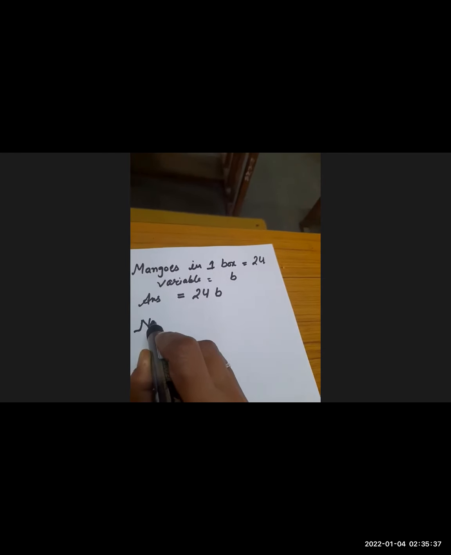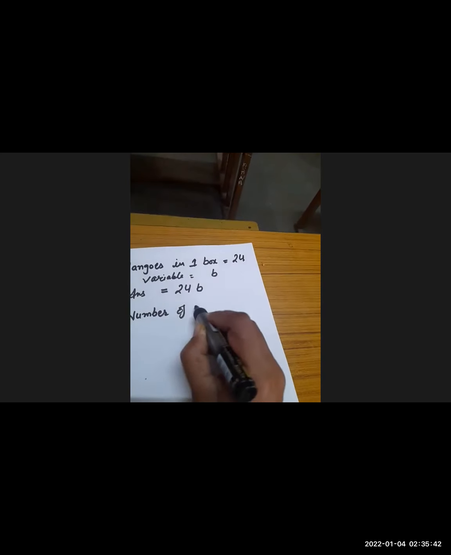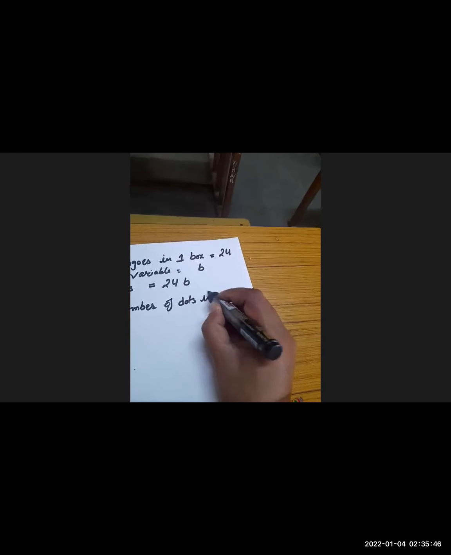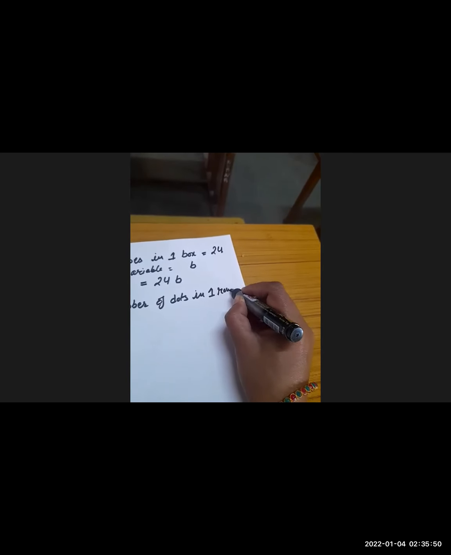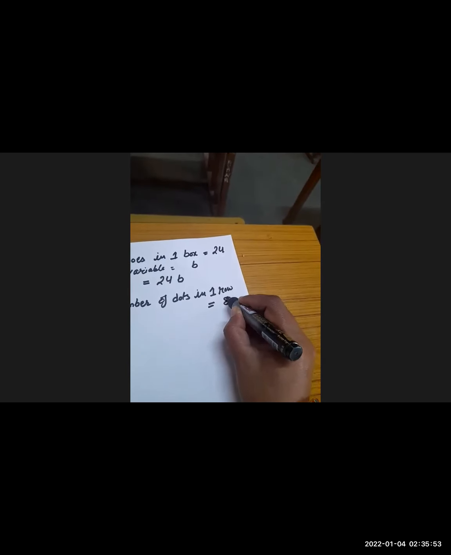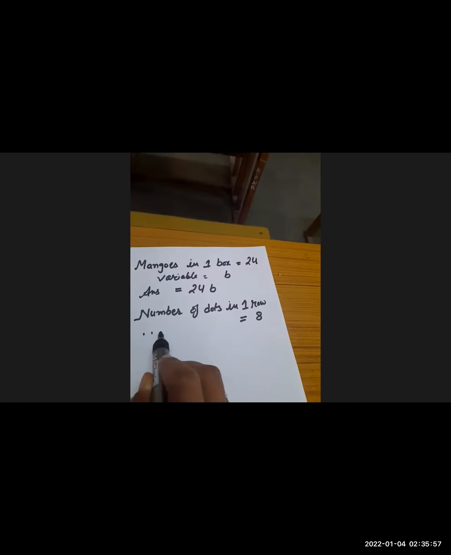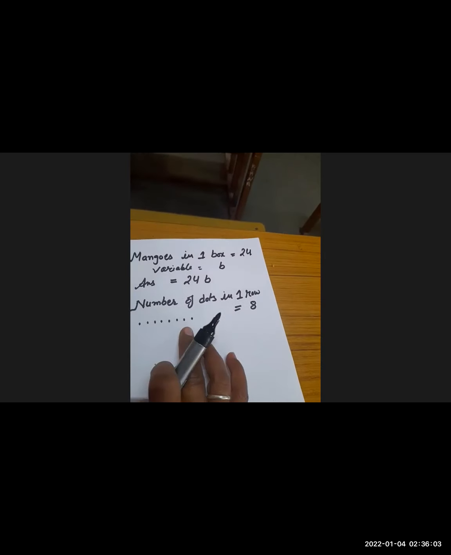Now, number of dots in one row is 8. Means in one row she has 8 dots like this: 1, 2, 3, 4, 5, 6, 7, 8. In one row she has 8 dots.